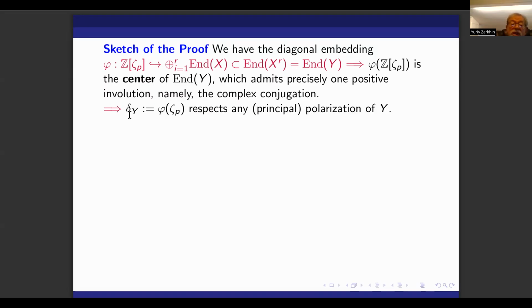So this means that our automorphism δ_Y respects any polarization of Y.